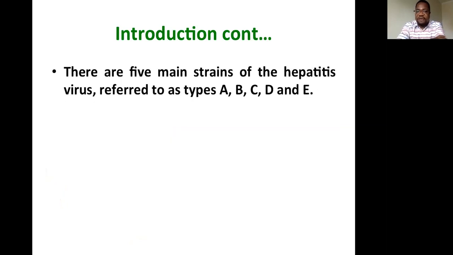We have 5 main strains of hepatitis virus, the 5 commonest causes of viral hepatitis: hepatitis A, B, C, D, and E. Those are the most common strains associated with the development of viral hepatitis.